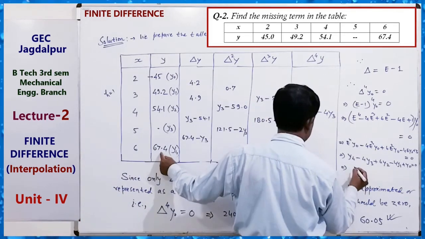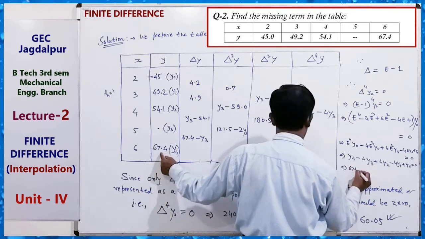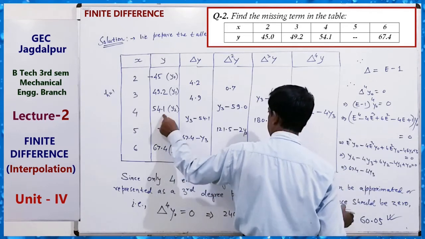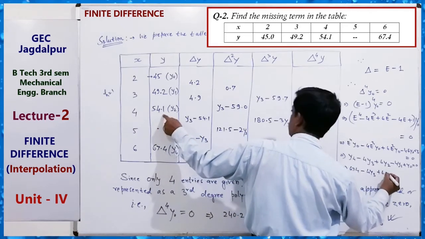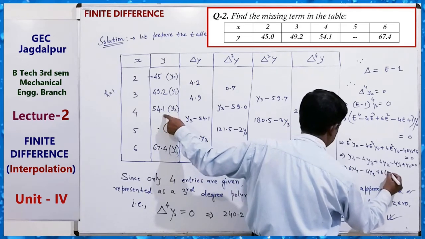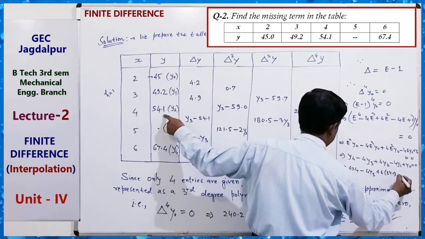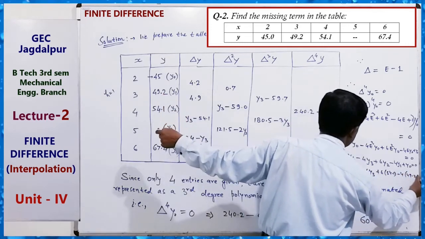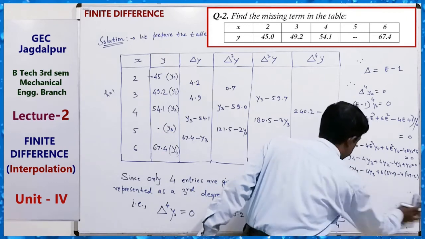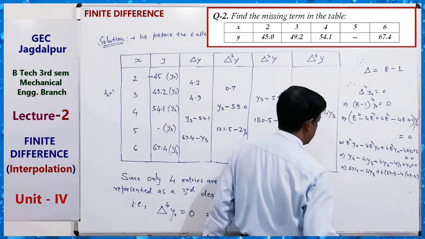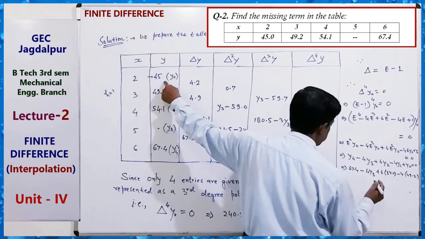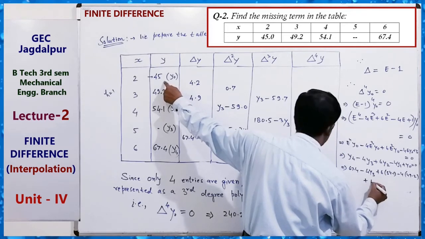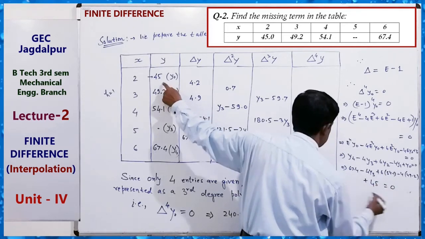Y4 is 67.4, minus 4y3, we have to find this, plus 6 into y2, 54.1, minus 4 into y1, 49.2, plus 45 equals 0.